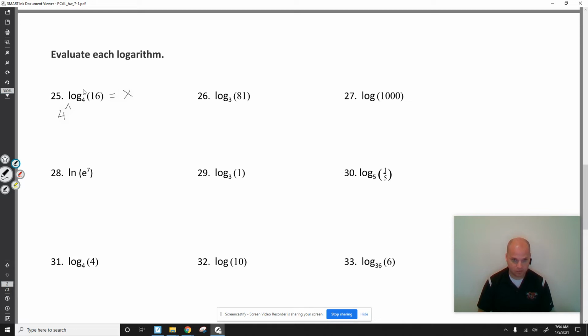This is how we undo a logarithm, is the base to the power of both sides. So I'm going to rewrite this as 16 equals 4 to some power. What is the power? 4 to what power is 16? It's 2. So my answer here is that log base 4 of 16 is 2.